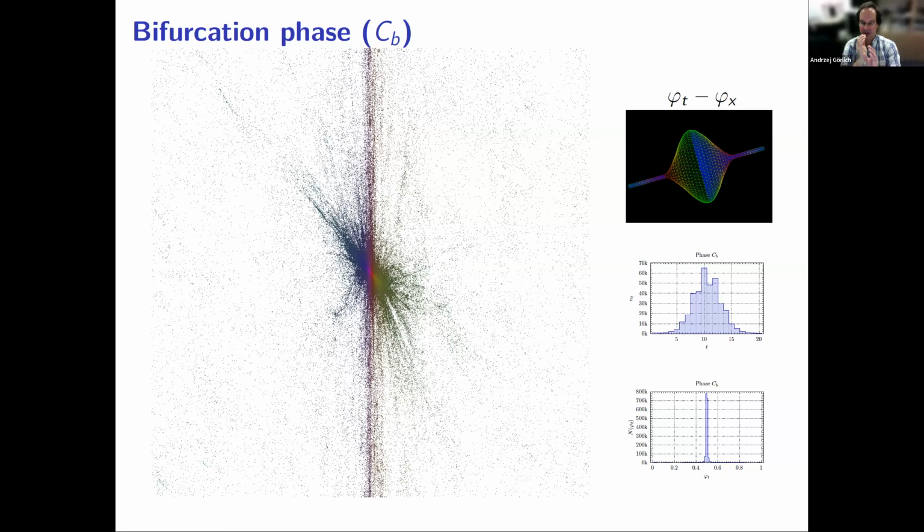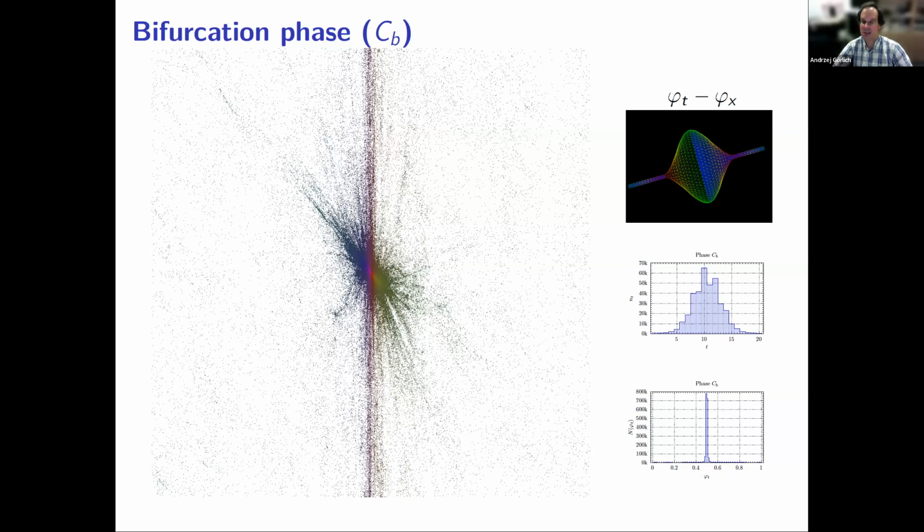In the bifurcation phase, you have vertices of very high orders, which means that there are vertices with many simplices around. And even though the volume profile or the properties of the bifurcation phase look quite similar to the de Sitter phase, the picture using those density maps is completely different.